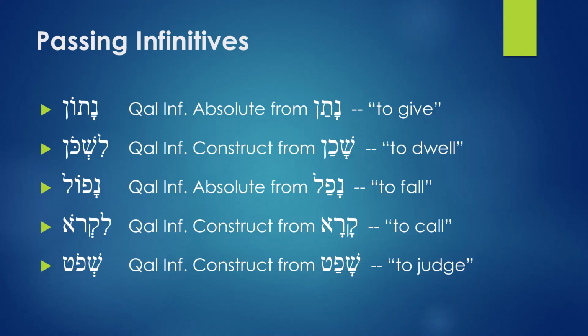Shefot is infinitive construct from shafat, and shefot means to judge. Now remember, we said sometimes the infinitive construct is not going to have the le prefix, as in this case, shefot, which means to judge. And so this is how you parse infinitives.